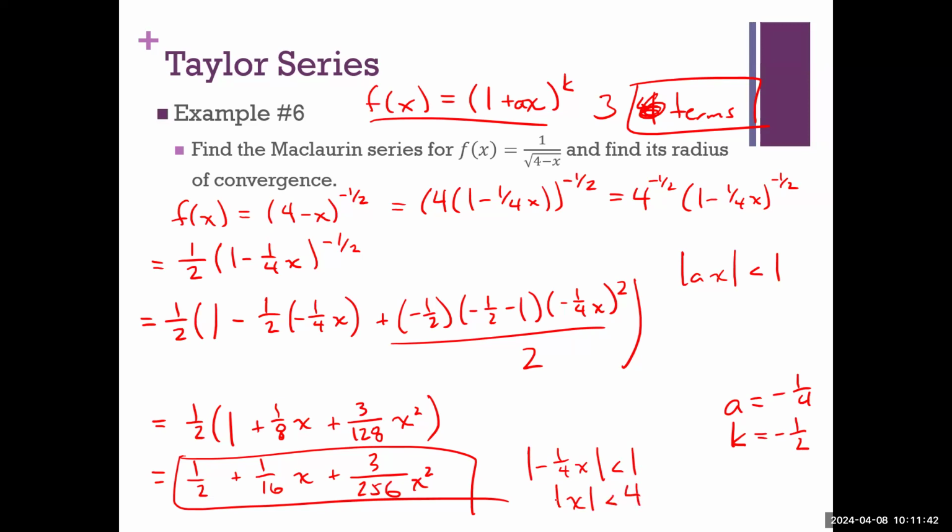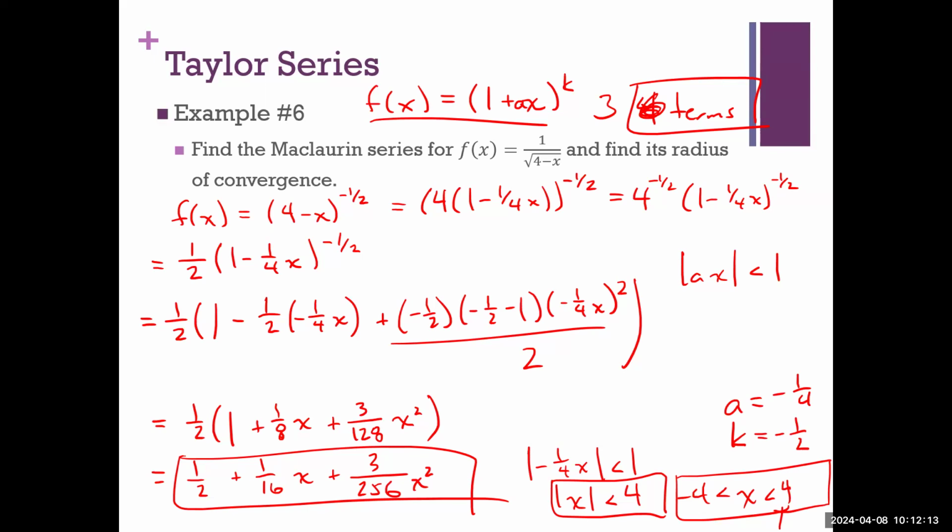So basically that's our radius. As long as x is between -4 and 4, we get convergence. There are other values outside of that where we have convergence, but this is what we can say for sure. We have absolute convergence inside that radius, inside that interval. That was the last little thing I wanted to say about these kinds of series.